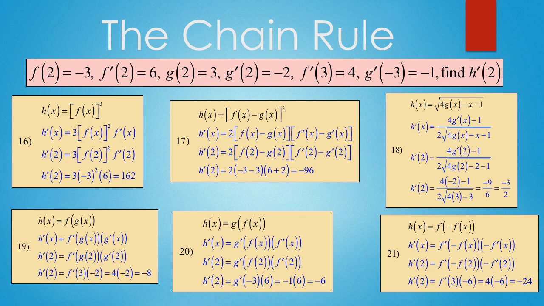Have to be careful with the negative signs. So we end up with f prime of 3 times negative 6. Since f prime of 3 is 4, our answer is negative 24. The testers on the AP exam love these types of problems in multiple choice because there are so many mistakes that students can make.